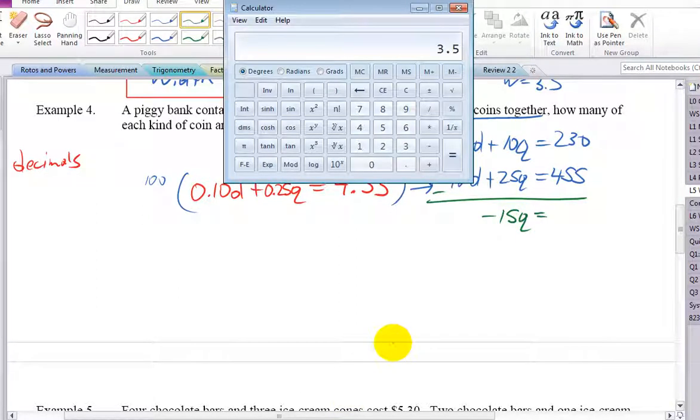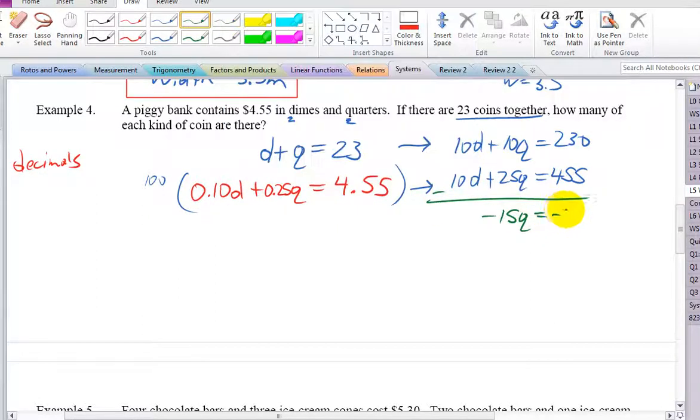Don't be worried about that negative number, because here you also have a negative number, but when you divide you have a positive number of quarters. Okay. So you could do double elimination if you wanted. But when you look at your equation, d plus q, that's so easy. So we go d plus 15 equals 23. So substitute in.